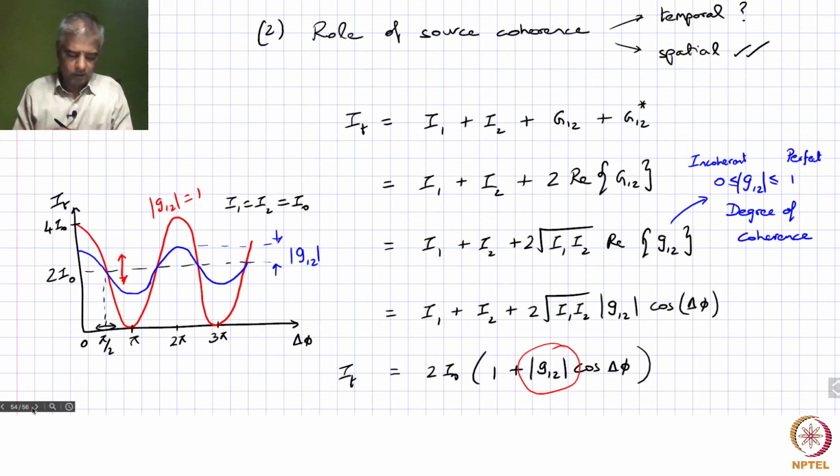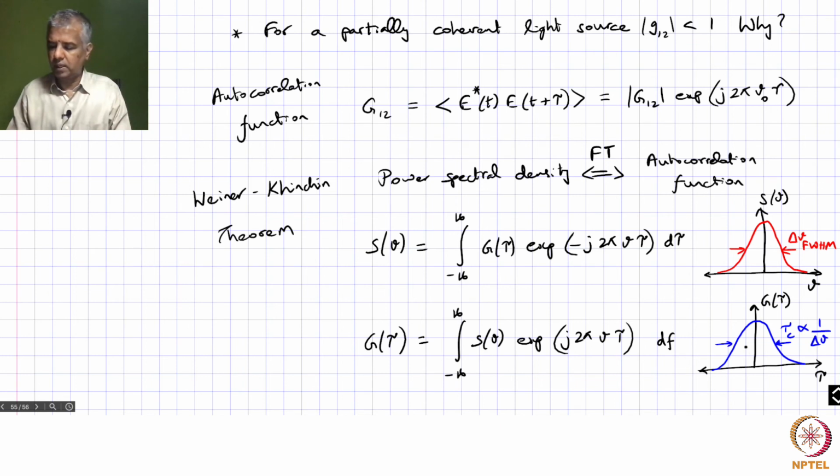Okay, so it is not over infinite distance, but now it's that interference can happen or it's measurable only within this region.